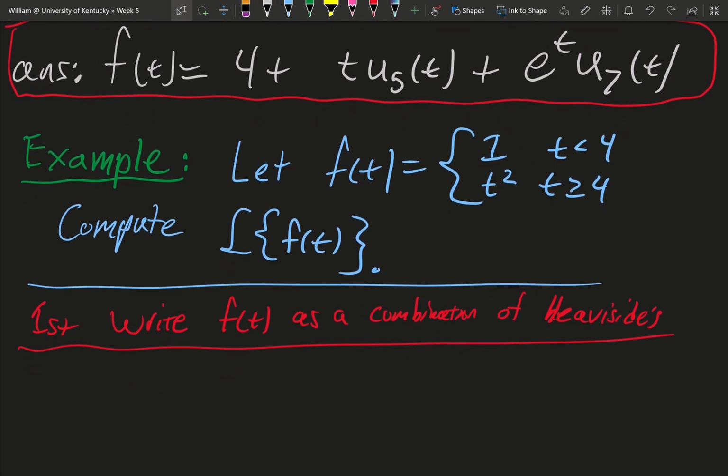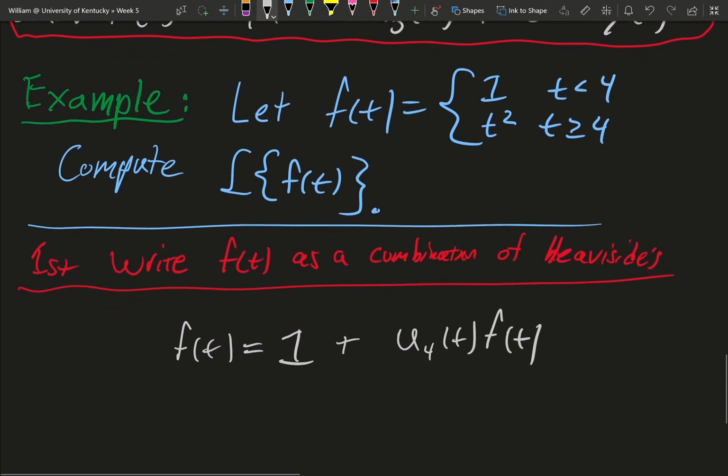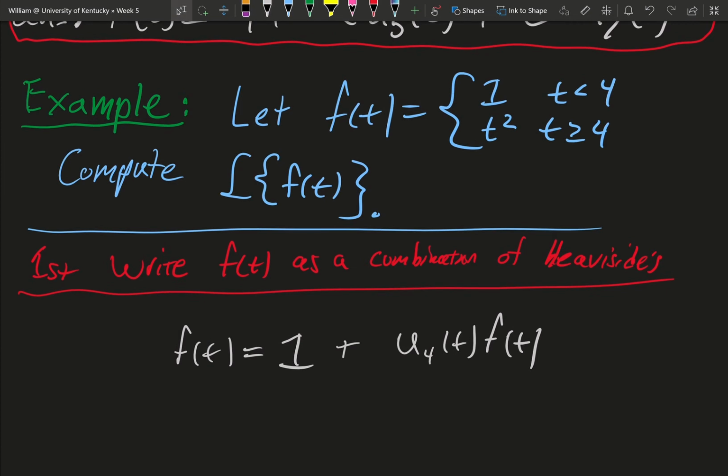So again, starting off, something that's always there is going to be this 1, just because that's how we start for our lowest values of t. Then we have just one breakpoint at 4. And now we see what happens. If t is less than 4, it should be clear that we'll just get 1 like we want.